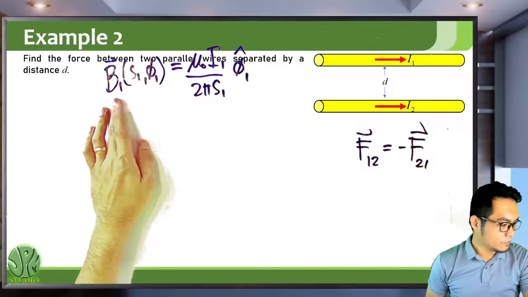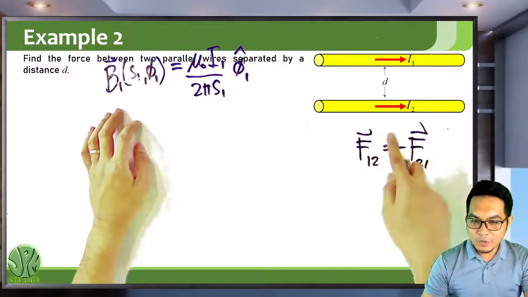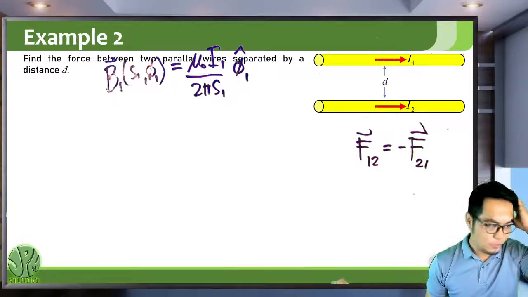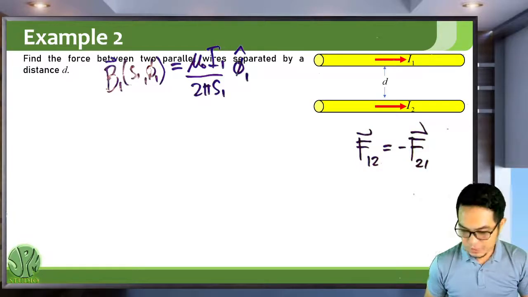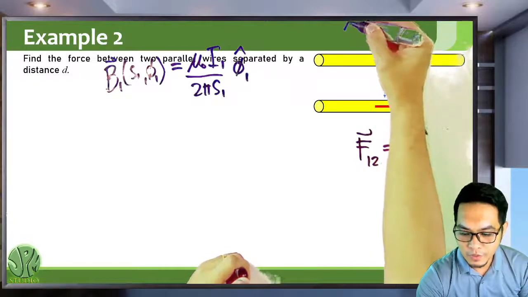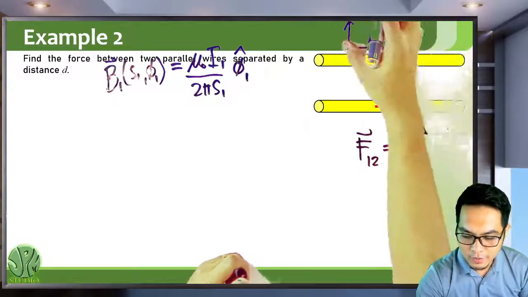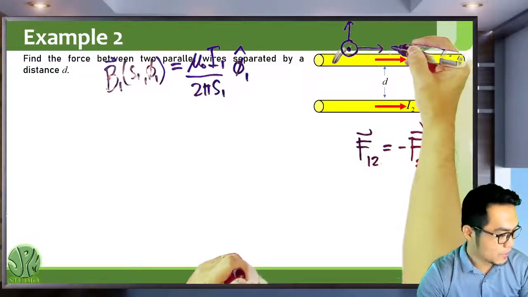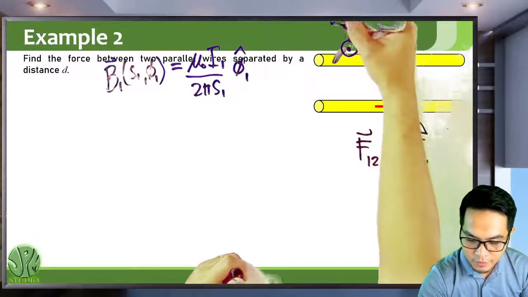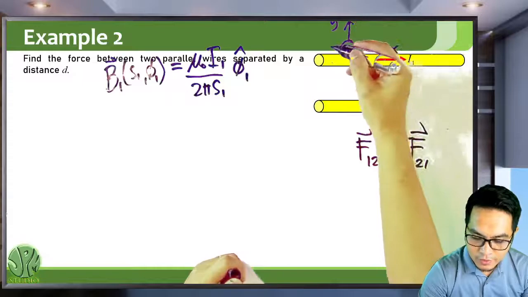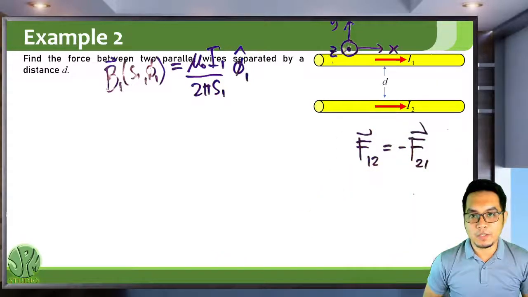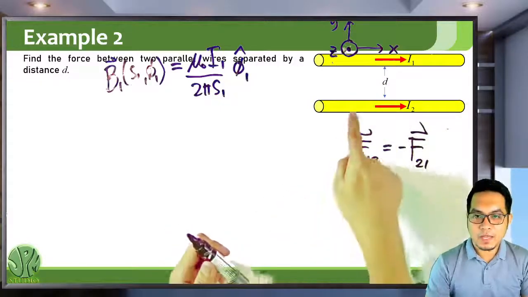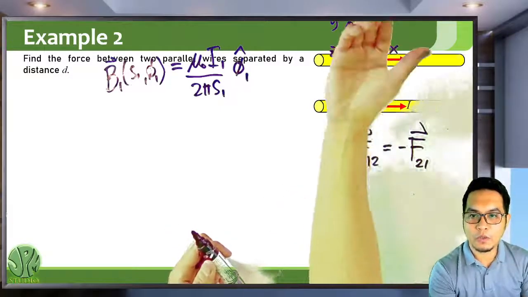Now, at the location of I2, assuming this is our axis, this is the positive X, this is the positive Y, and the positive Z is going out of the page. The magnetic field due to I1 at the location of wire 2 will curl around I1.